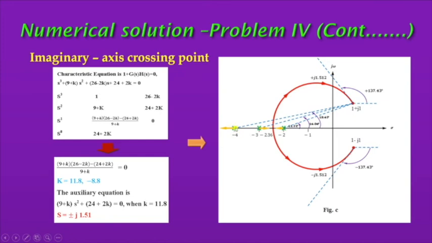Another root locus branch moves to infinity along this asymptote.